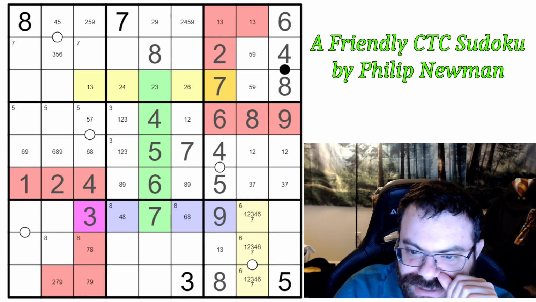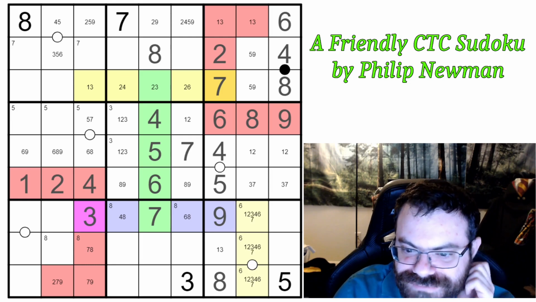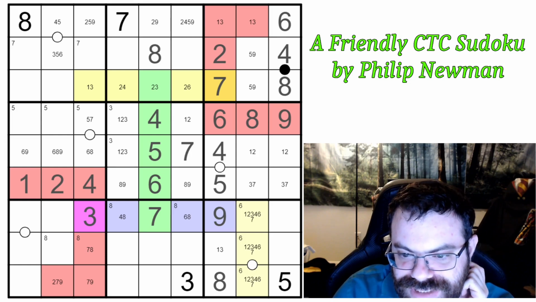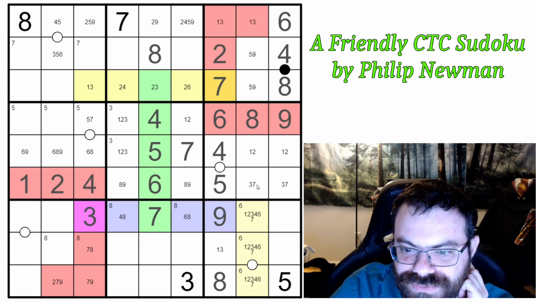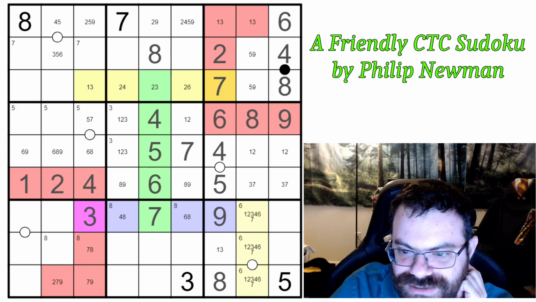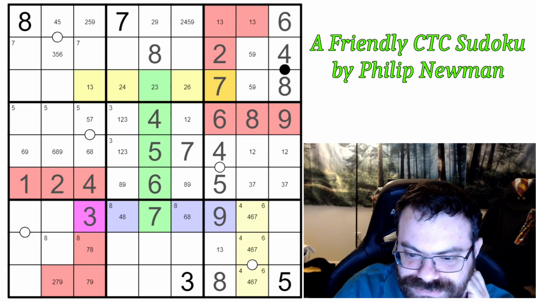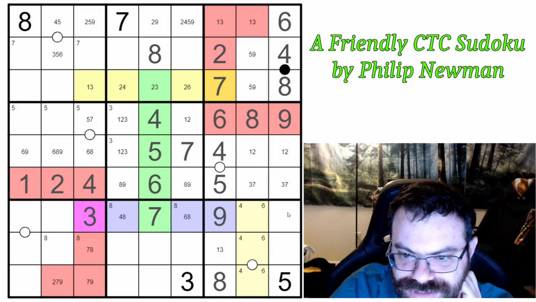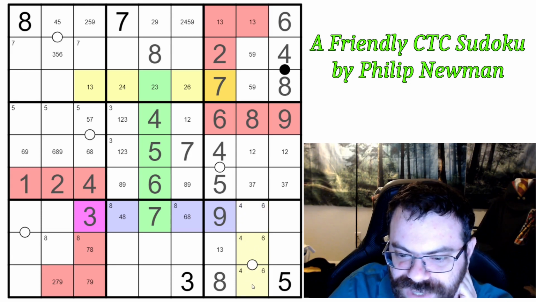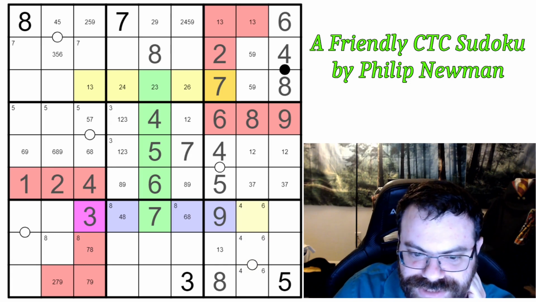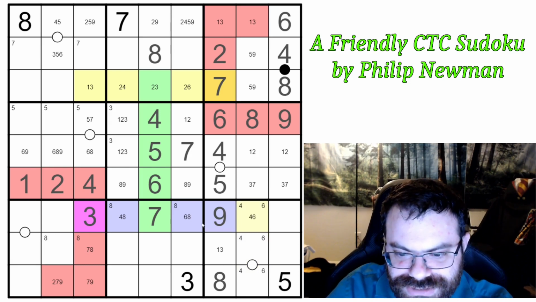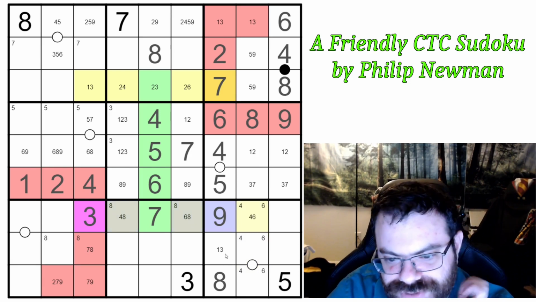I mean, that's just so many. Really, it's just the 8, 5, 9 missing. But I was thinking about the 4 because there's no other 4s up here. So we actually have a 6 and a 4 locked down here. Let me get rid of the... They obviously can't be both on the white dot. So this is a 4 or a 6. And that actually makes a 4, 6, 8 triple.